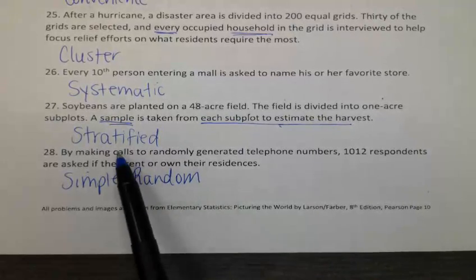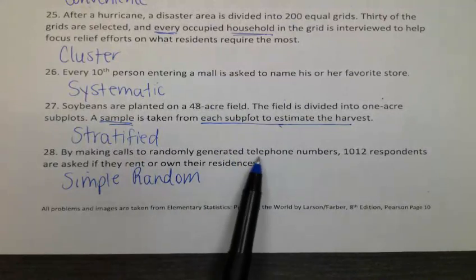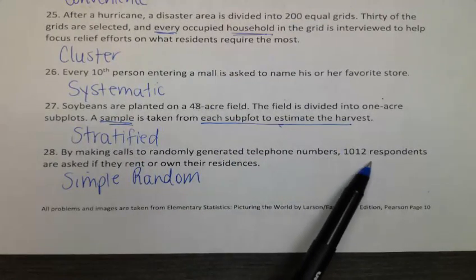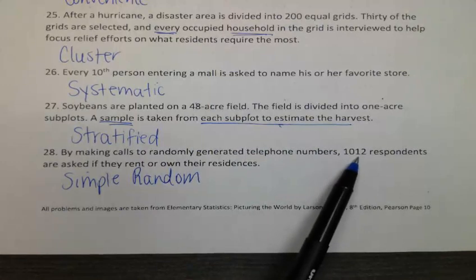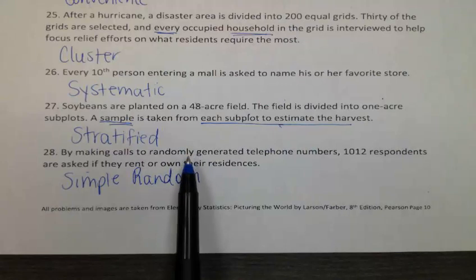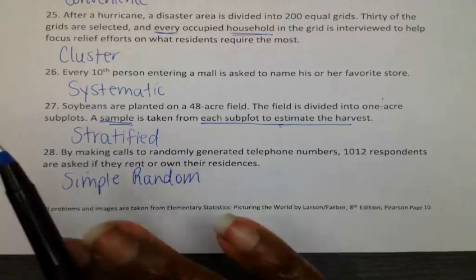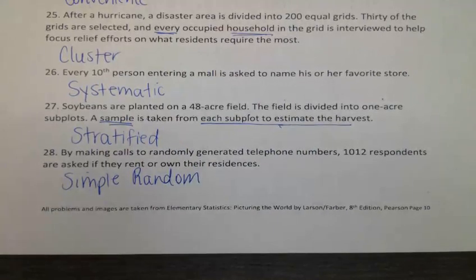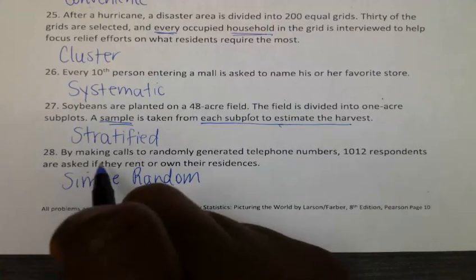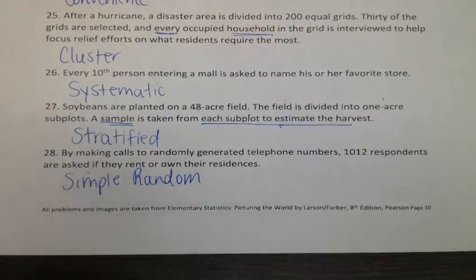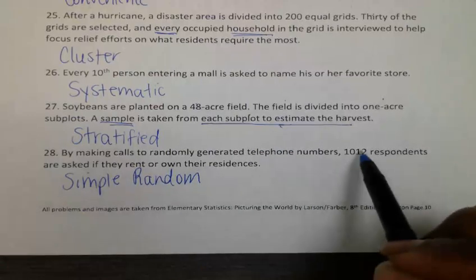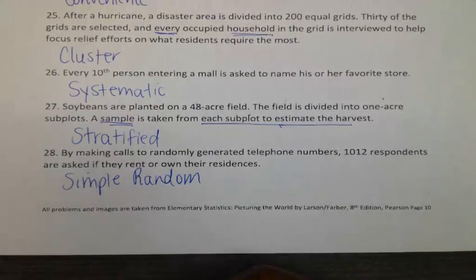Okay, so the calls were generated by telephone. We took this many as our sample. So that means those people weren't chosen randomly and then just by themselves. They were chosen in a group, and then asked if they own their residence or they rent. Okay. So random would have been them just making one phone call and that's it. But they were actually sampled. They were put in a sample group.